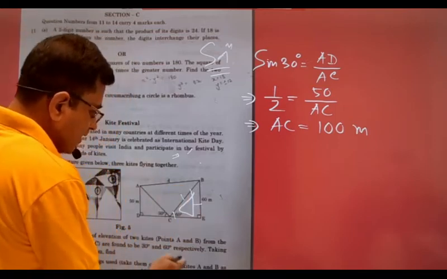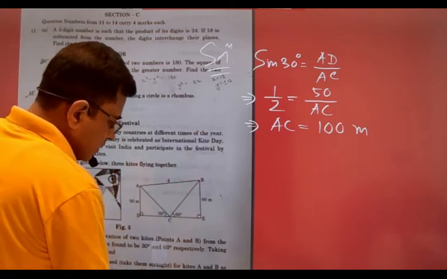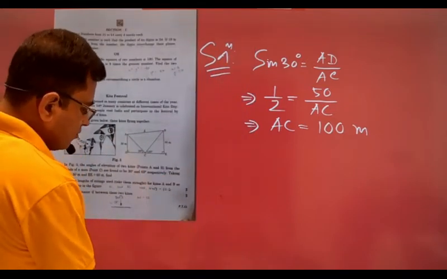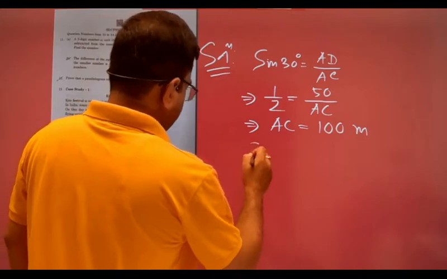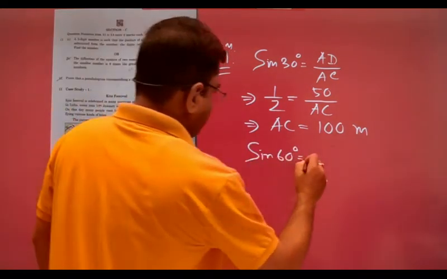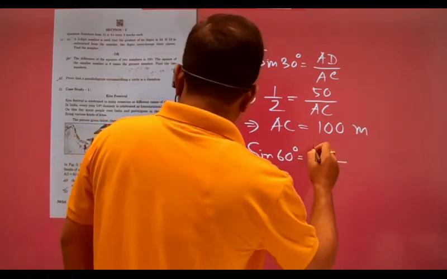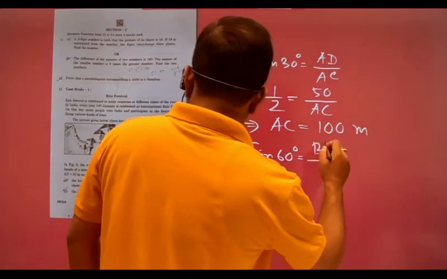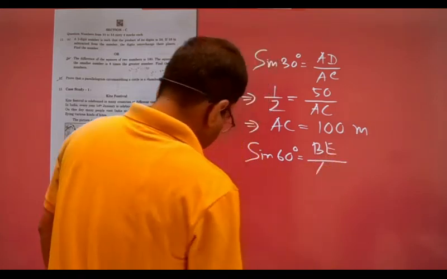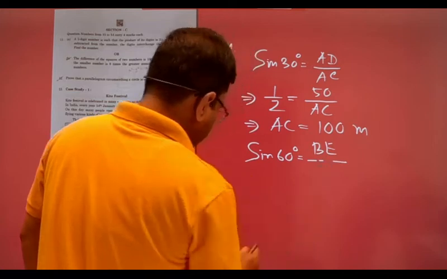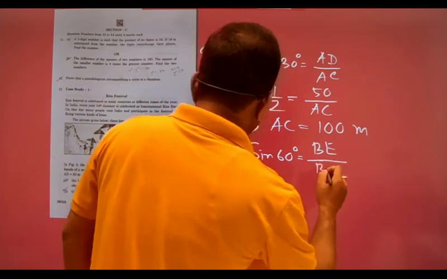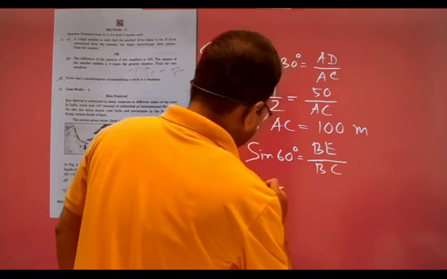We can relate by taking sine. So sine of angle 60 degrees equals the perpendicular BE divided by the hypotenuse, which is the length of the string, BC.